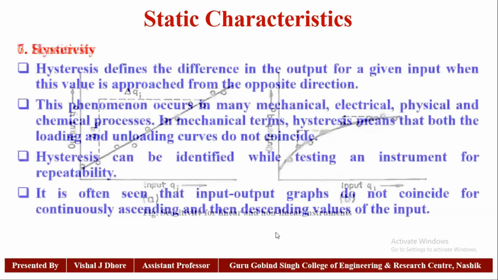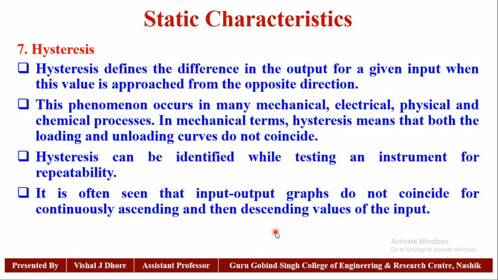Next is hysteresis, a very important characteristic. Hysteresis is defined as the difference in the output for a given input when this value is approached from the opposite direction. This phenomenon occurs in many mechanical, electrical, physical, and chemical processes.